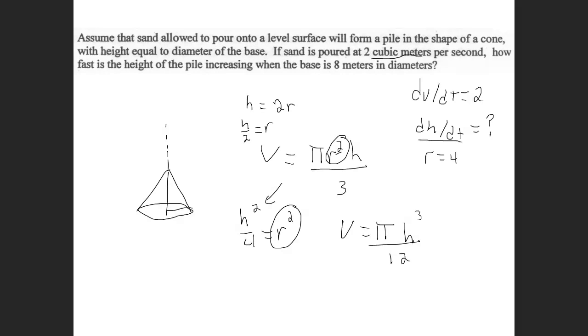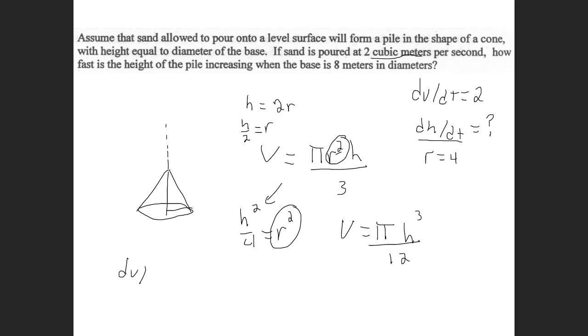There's my formula. Okay, so now I'm going to take my derivative, and anytime you have a volume problem like this, you have to get it as one variable. If you don't, you're going to be really going crazy trying to take a derivative. So now it's pretty easy.